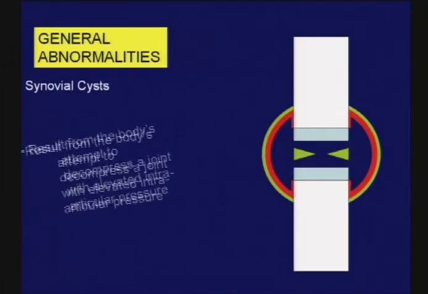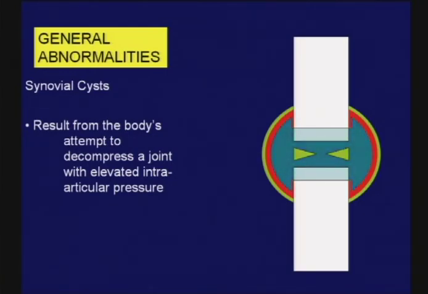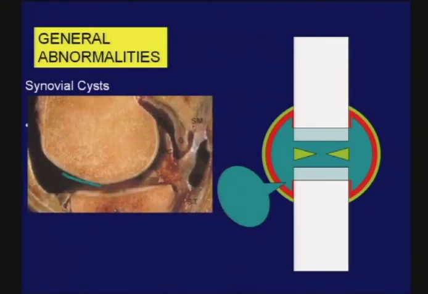When we have fluid in the joint or inflammatory tissue, there is elevation of intra-articular pressure. The body tries to compensate for this by creating or enlarging an opening between the joint and a surrounding synovial sac. That sac enlarges or distends, and a synovial cyst is created. The most common site that we see these cysts is behind the knee, the so-called popliteal cyst.